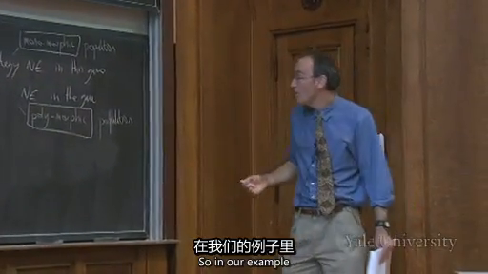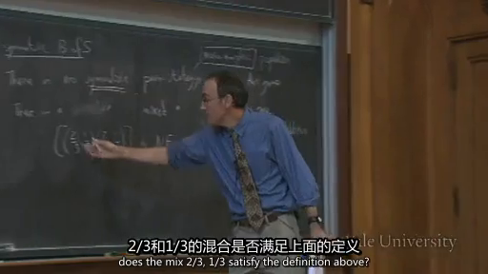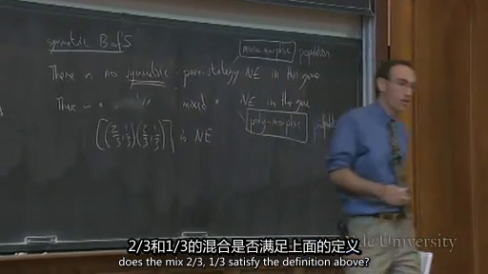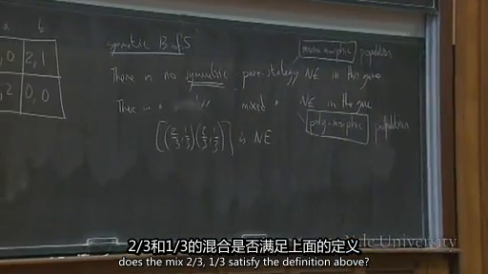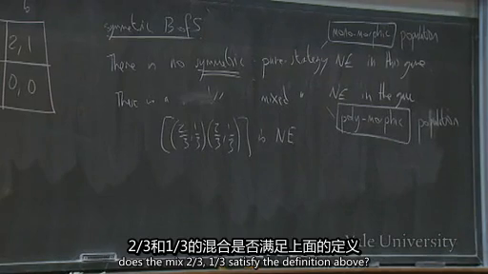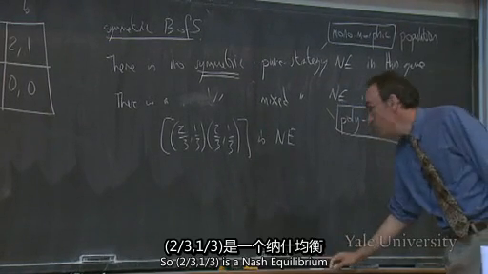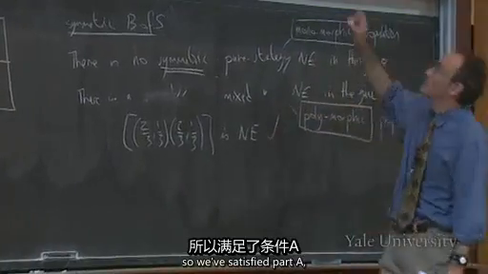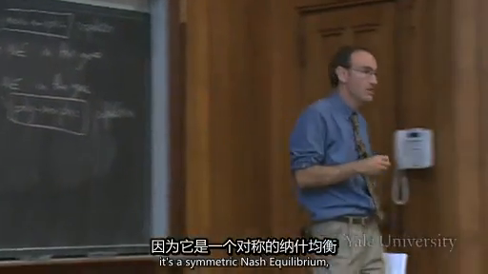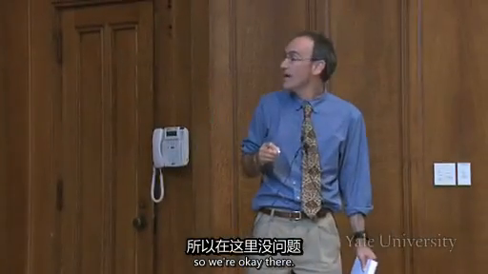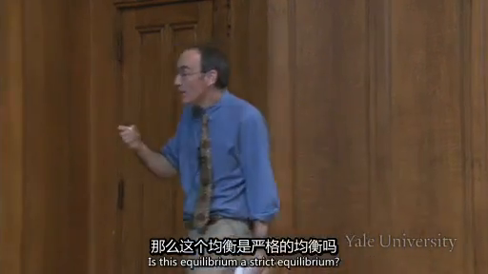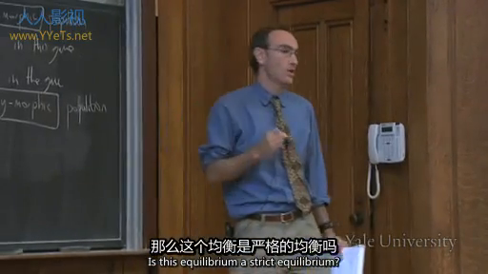So in our example, does the mix 2/3, 1/3 satisfy the definition above? Let's go through carefully. So 2/3, 1/3 is a Nash equilibrium, so we've satisfied part A. It's a symmetric Nash equilibrium, so we're okay there. Is this equilibrium a strict equilibrium?